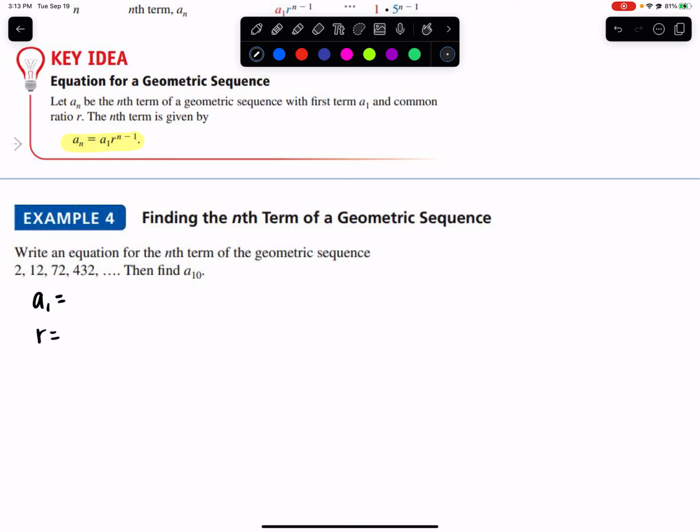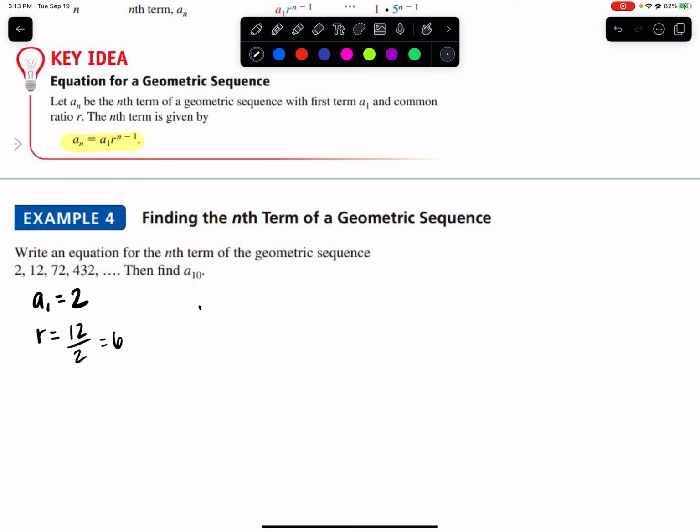So for example 4, write an equation for the nth term of the geometric sequence 2, 12, 72, 432. So my first term is 2. And my ratio, if I divide 12 by 2, I would get 6. Here, I'll write that for you so you can see where I got that from. 12 divided by 2, which is 6.